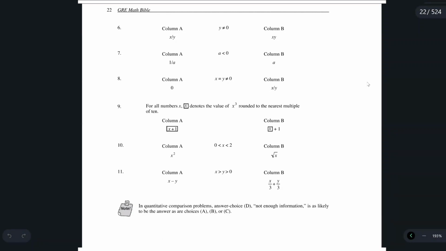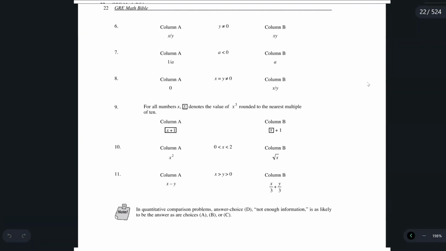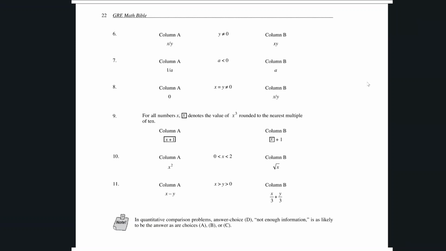So here we have problem 6, and we are given that y is not equal to 0. For column A, we have x over y, and for column B, we have x multiplied by y.